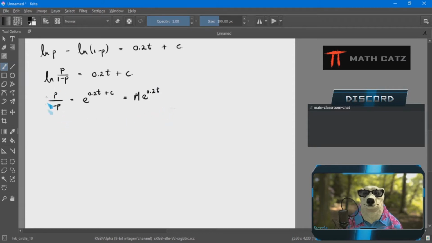So now, unfortunately, it's not quite done, but I do have my general solution here, and an option certainly is at this stage to use my initial condition. Oops, not y, it's a p. To use my initial condition to find the integration constant.